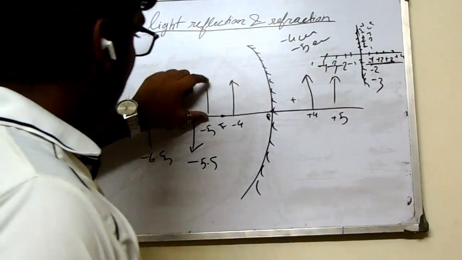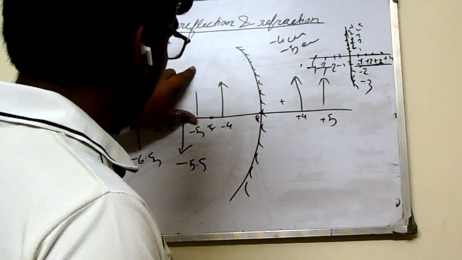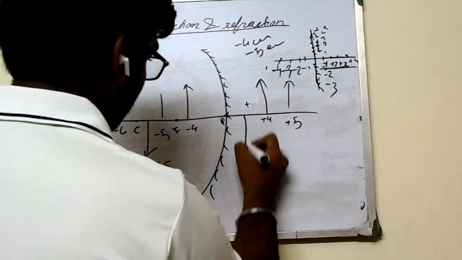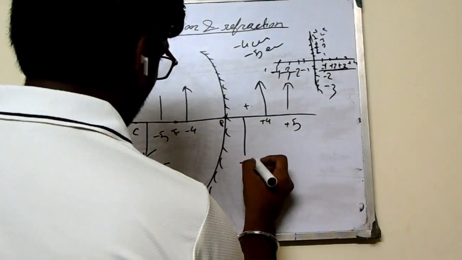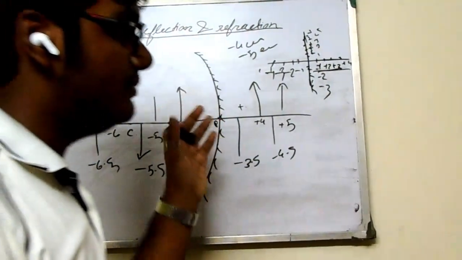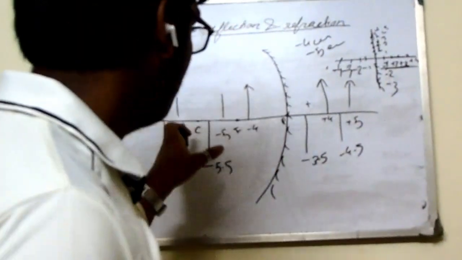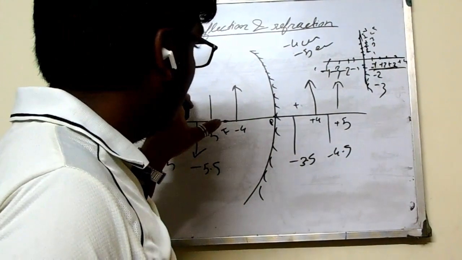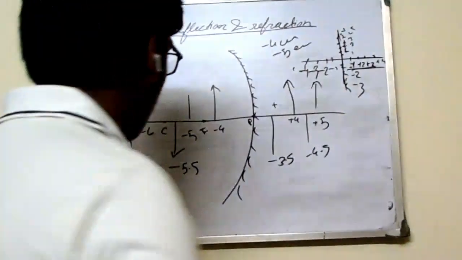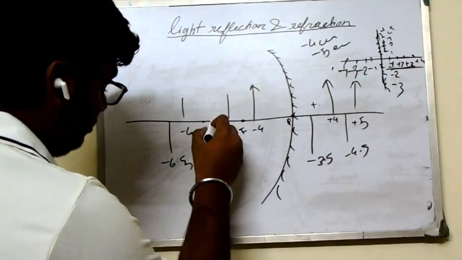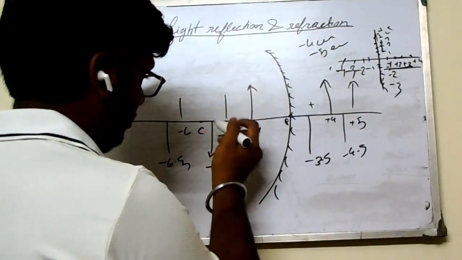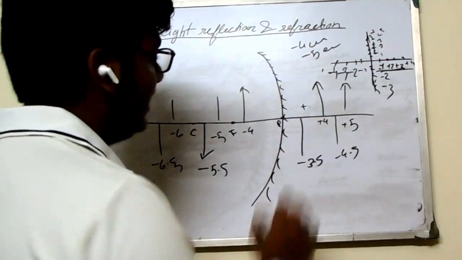This one is plus, this one is minus 3.5, minus 4.5. It will all come in this aspect of magnification. Real and inverted will come in the aspect of nature of the image, and in the aspect of magnification, inverted and erect will come.